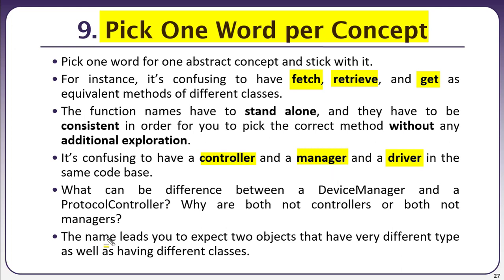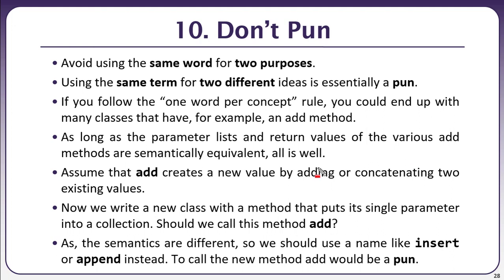The name leads you to expect two objects that have very different type as well as having different classes. So basically मुझे ये लगेगा कि ये दोनों जगहों पर ये जो different आपने नाम इस्तेमाल किए हैं इनका purpose भी मुख्तलिफ है. And in contrast to the previous concept जिसकी मैंने बात की कि आपने एक ही concept के मुख्तलिफ नामों को इस्तेमाल नहीं करना.